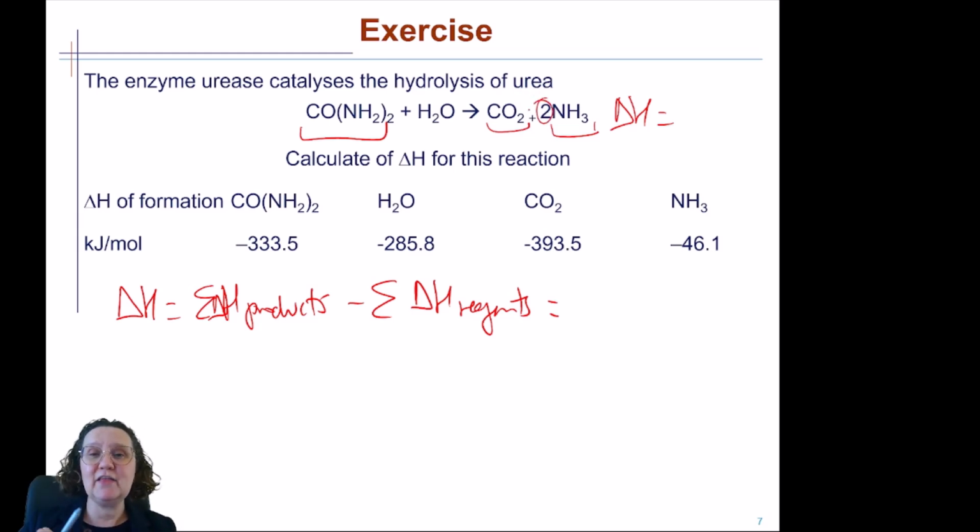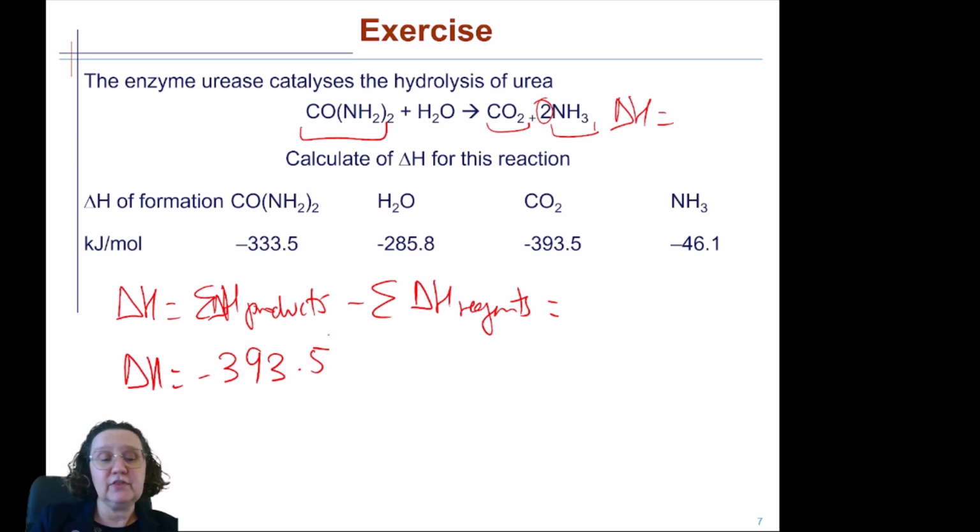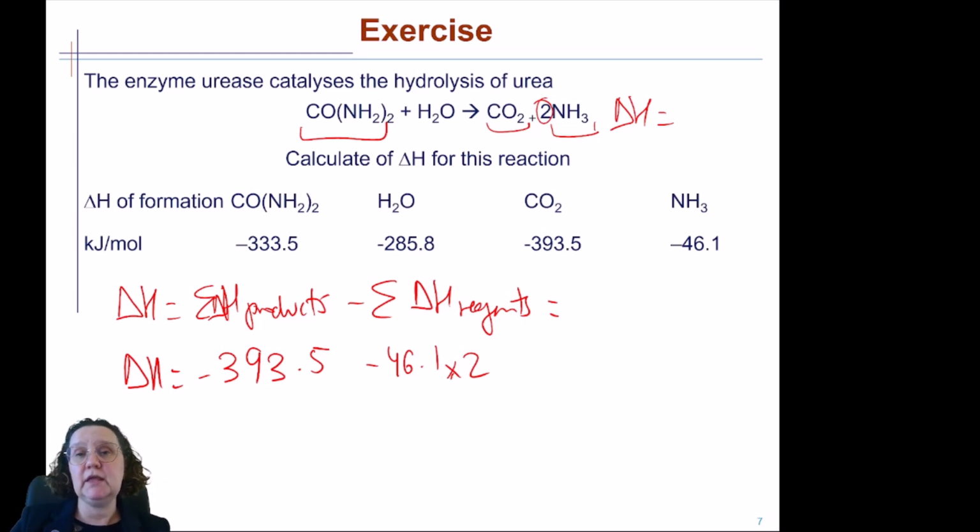So if I look at the enthalpy of formation of CO2, it is minus 393.5, and the enthalpy of formation of ammonia is minus 46.1, but I have to multiply this by 2 because the reaction does not make 1 mole of ammonia, it makes 2 moles of ammonia.